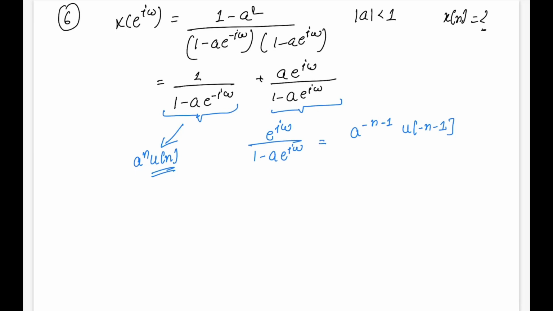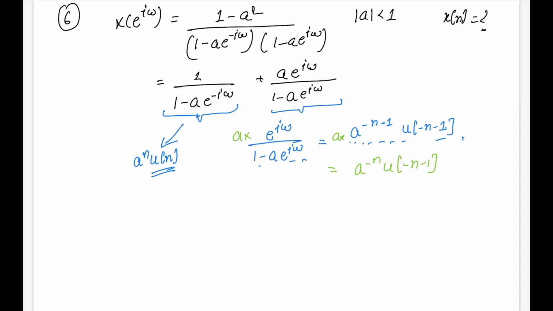Basically, I will leave it to you to calculate the Fourier transform of this. You will get this. So in that way the inverse Fourier transform of this expression will be this. Now if we multiply by a on both sides, this will be a to the power minus n, u of minus n minus 1.